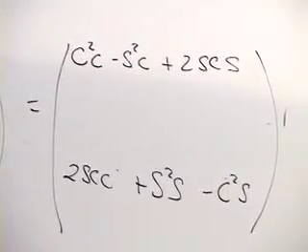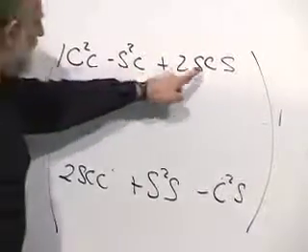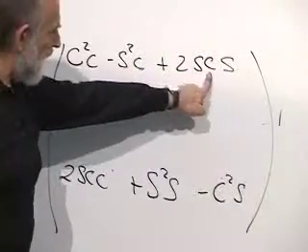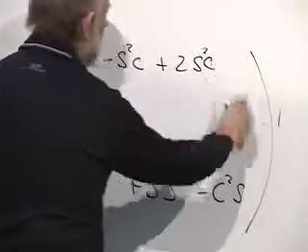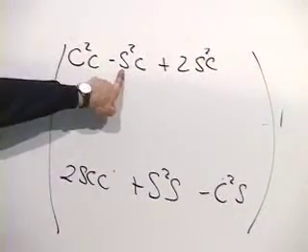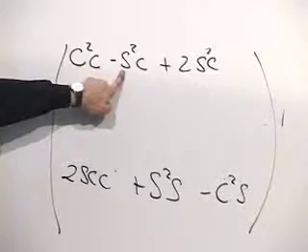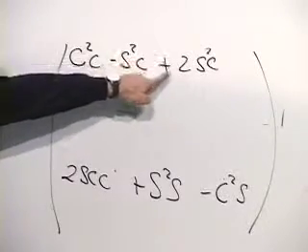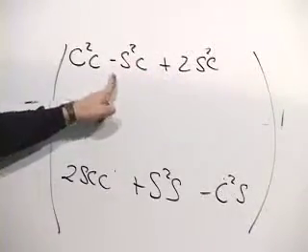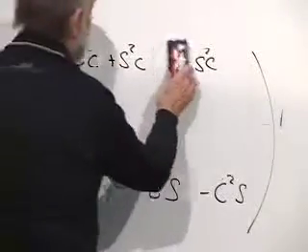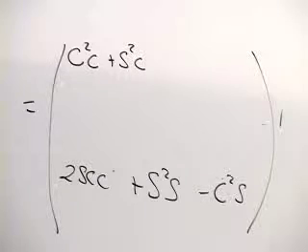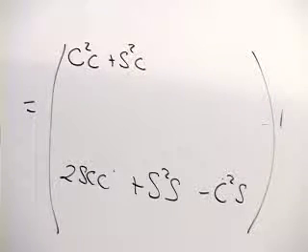We have twice S squared C over here, but we have minus S squared C over here. So the plus 2 and the minus 1 conspire to change this to a plus sign, and now we have C squared plus S squared times C.